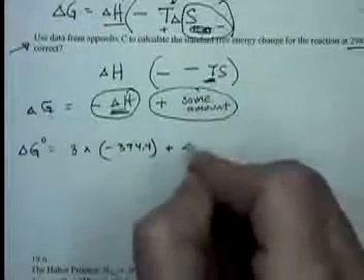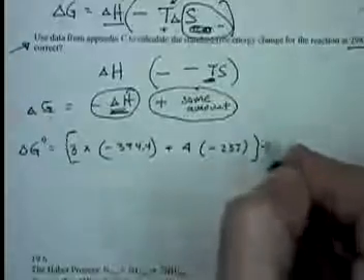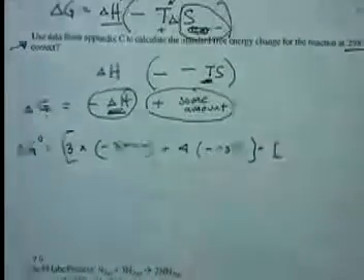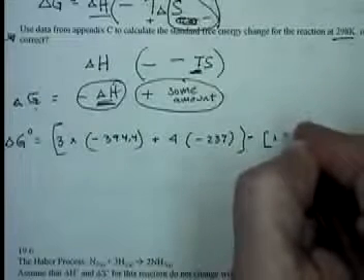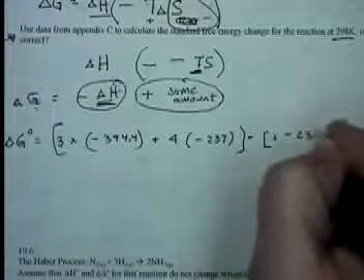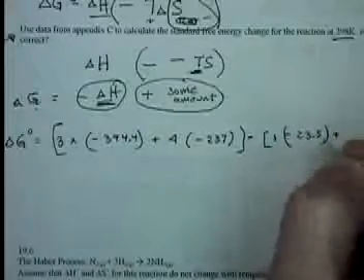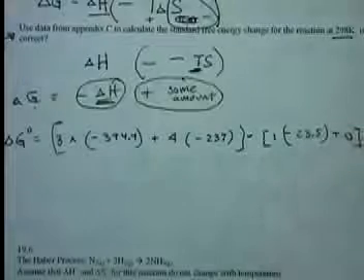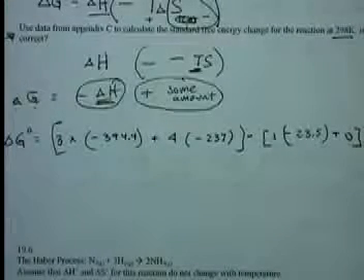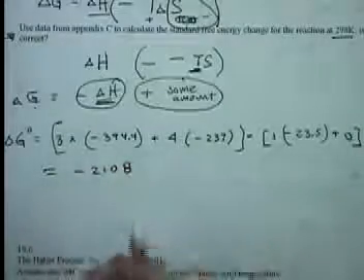Water is 4 times negative 237, which is kind of approximate. That's our products minus the reactants. Our reactants here are 1 mole of C3H8, which is negative 23.5 or so. And of course we have oxygen there as well, and oxygen has a value of 0. So products minus reactants, we end up with a value of delta G of negative 2108.